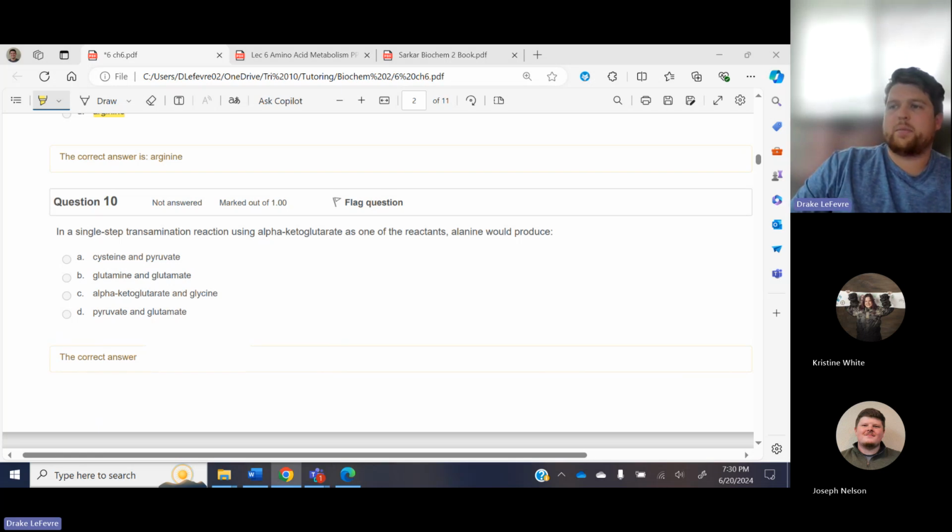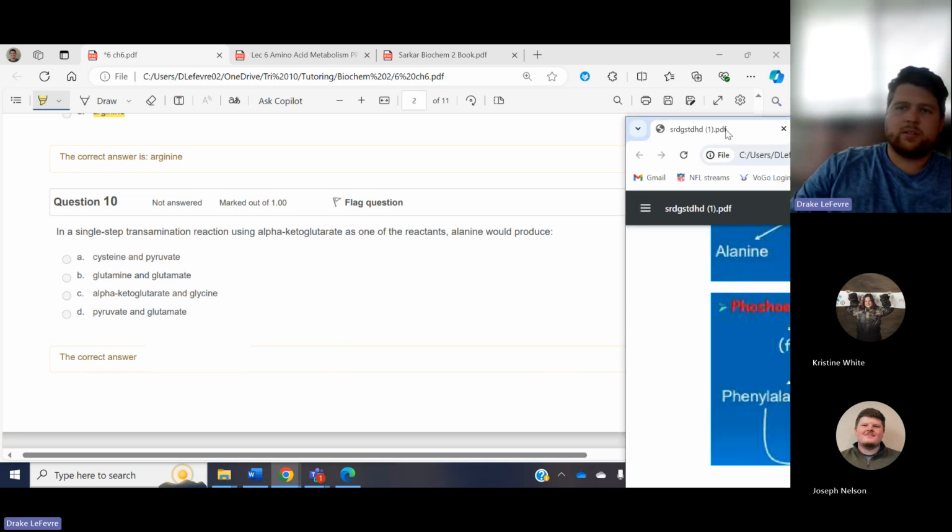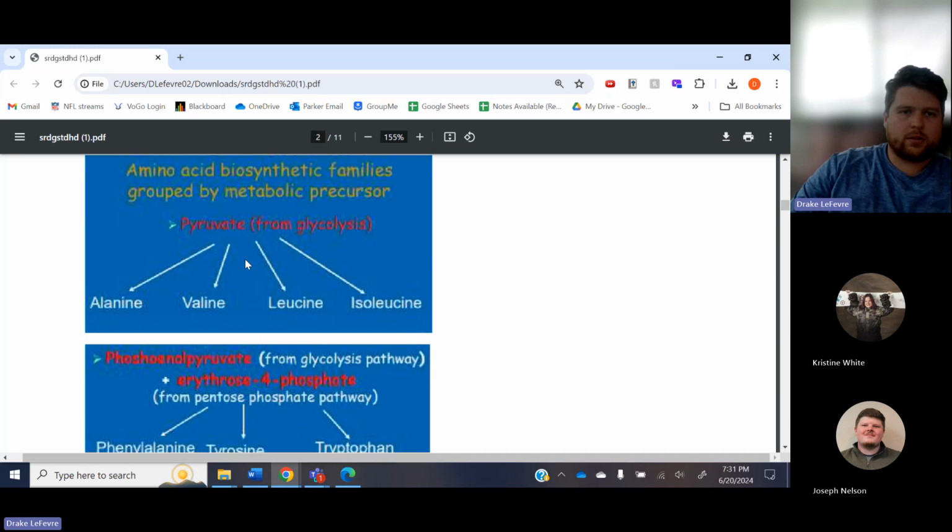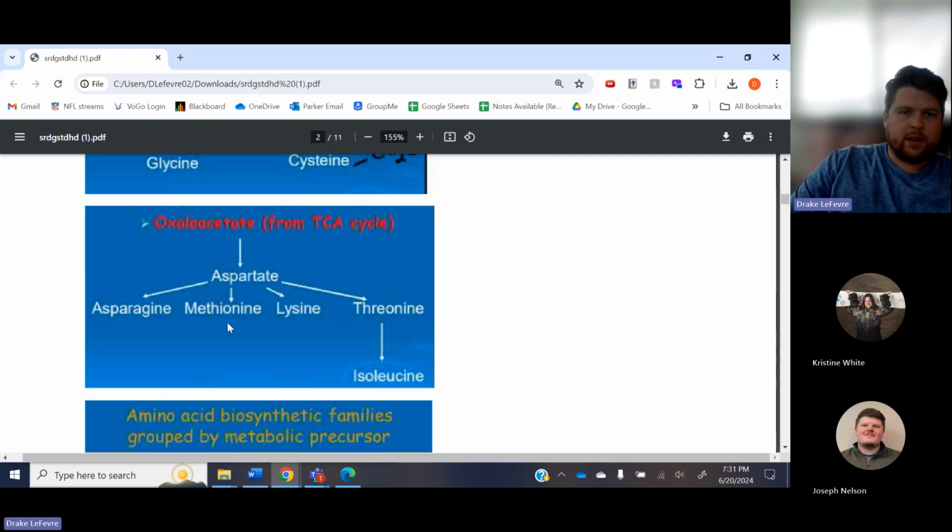In a single step transamination reaction, using alpha ketoglutarate as one of the reactants, alanine would produce which of the following? So let's look at our whole little chart. There's our alanine. Let's see if alanine's anywhere else that we could work it backwards.